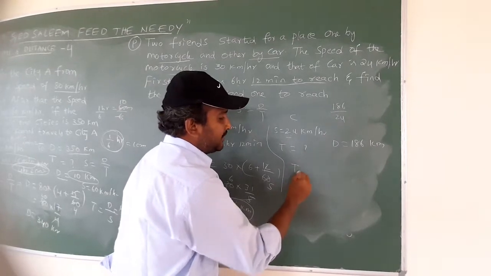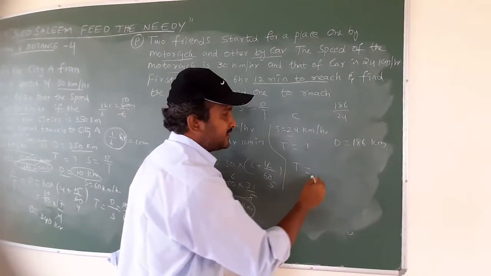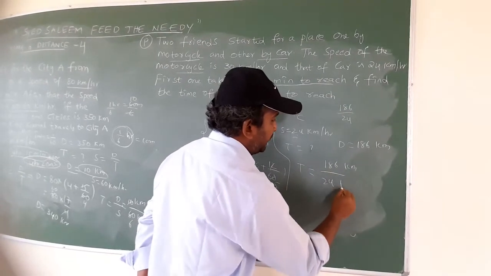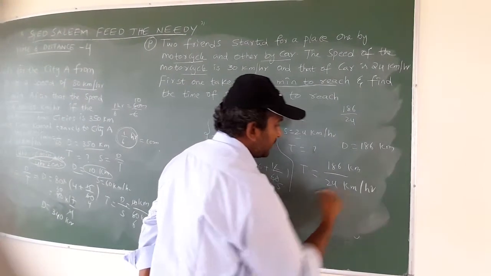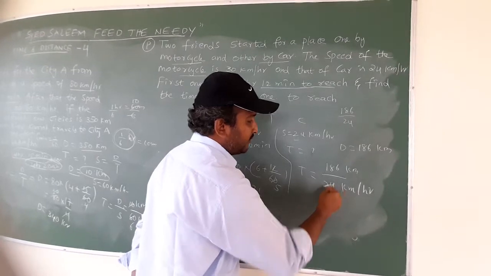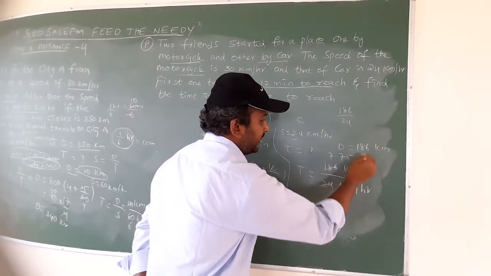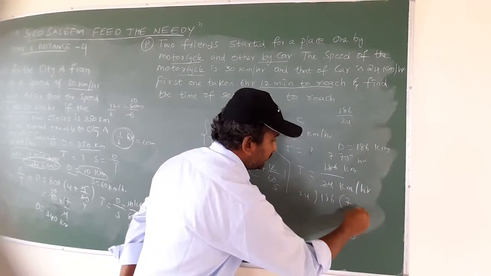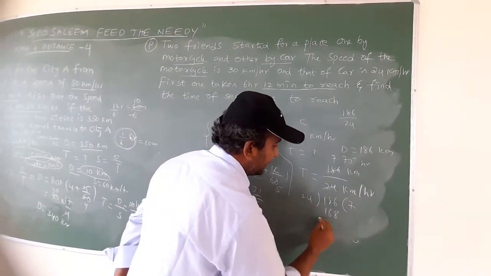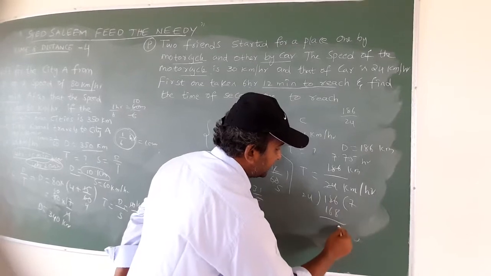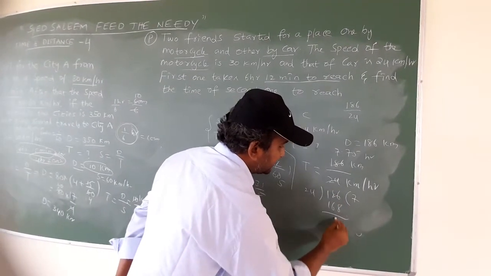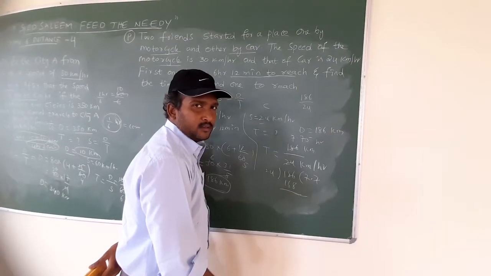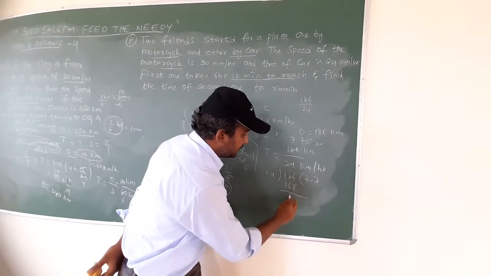Now time is equal to what? Distance by speed. That means 186 km divided by speed 24 km per hour. It will come to 7.75 hours. If you want, you can cross-check: 24 into 186, 24 7s are 168, then 186 minus 168 is 18.